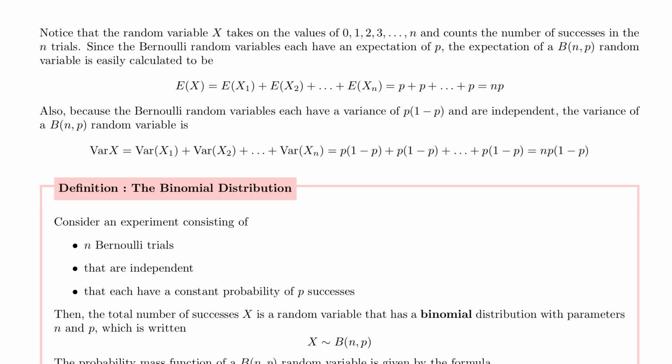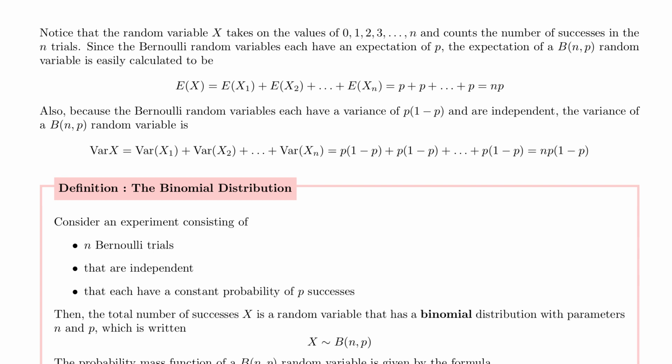The thing that differentiates the binomial random variable from the Bernoulli is that a Bernoulli random variable can only take on state 0 or state 1. However, the binomial random variable is the one that counts up the number of successes throughout your n trials of your Bernoulli random variables.